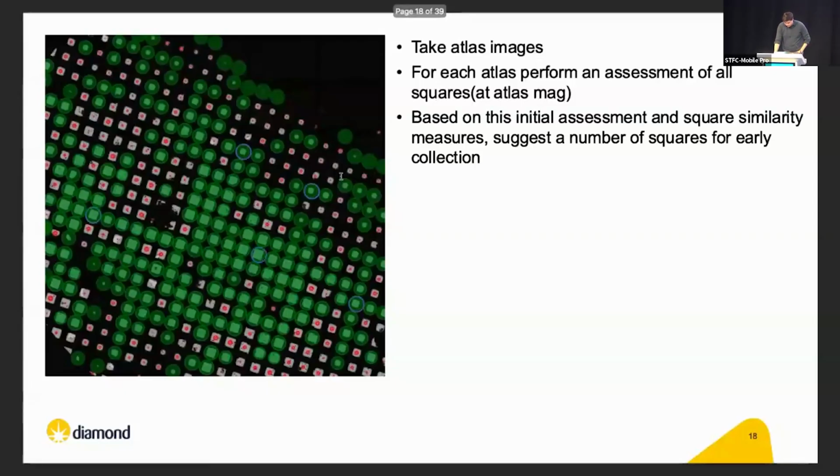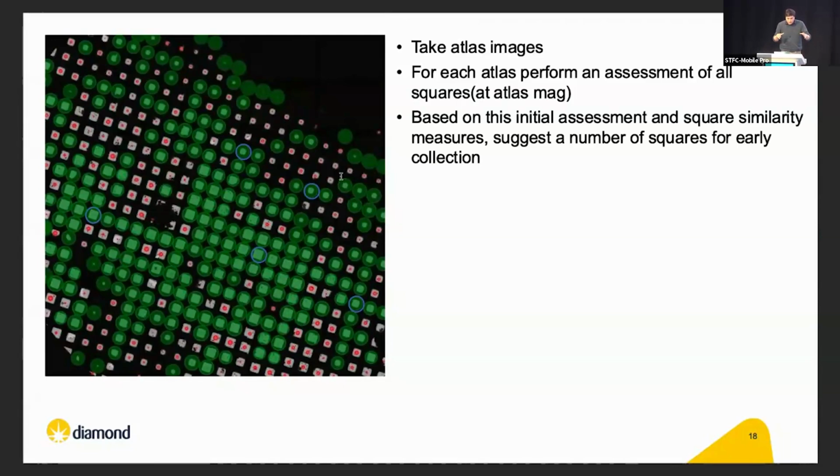image first, and then make some suggestions for squares you might want to look at, which will incorporate information both about the quality of the square, so you only really want to be looking at squares that you think are of decent quality, and also getting some variation in the squares, because in what we run later on, you do have models that try and tune themselves to the data set.